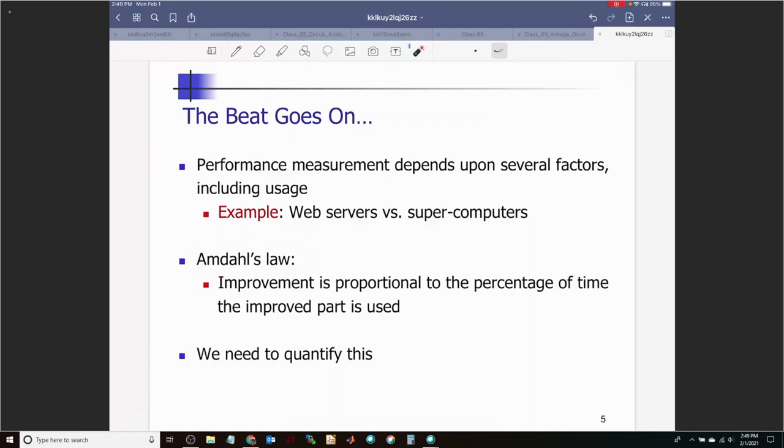If you look at the metrics that we looked at before, say throughput and response time, which one is a web server trying to optimize? A web server is going to optimize response time. However, a server or a supercomputer, say, is going to try to optimize throughput.